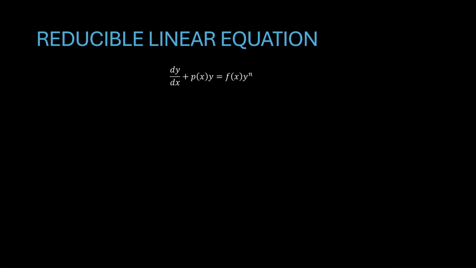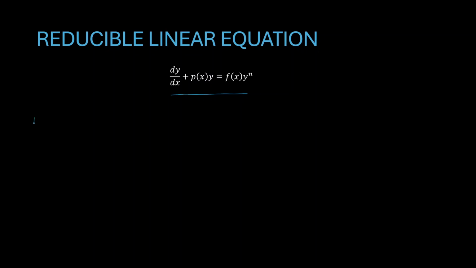Look, this is Bernoulli's equation. Now we will use a method so that we can use what we know about solving the linear equation. Here we will turn this equation into a linear equation.